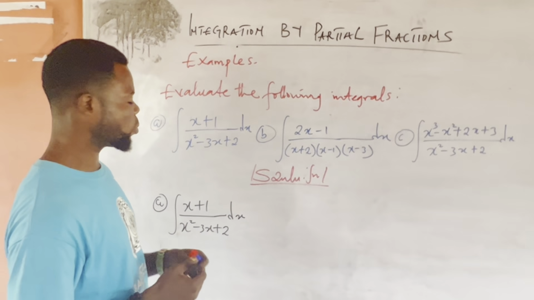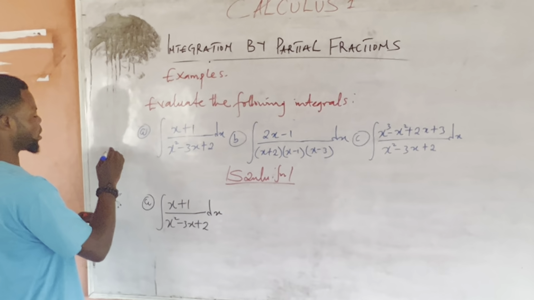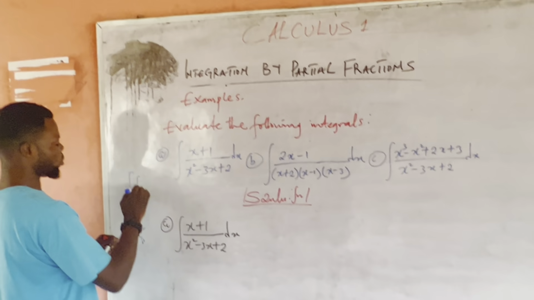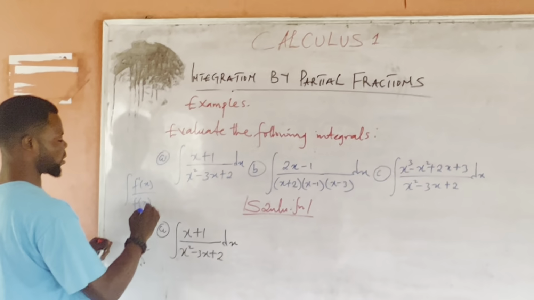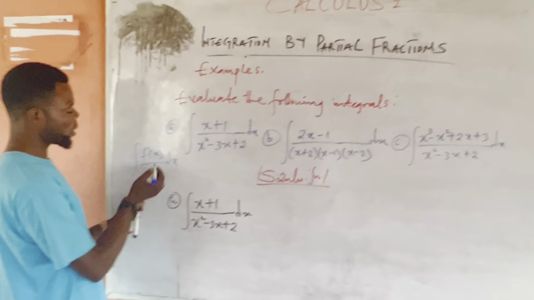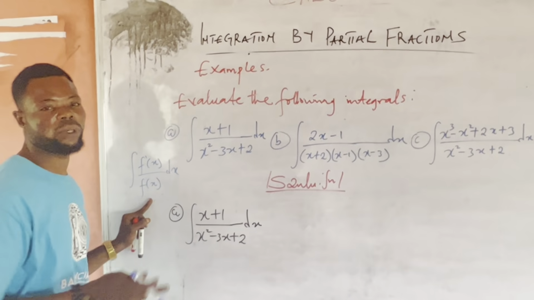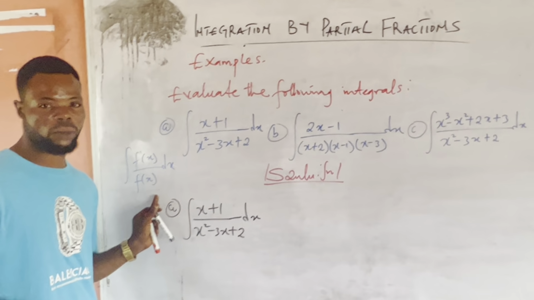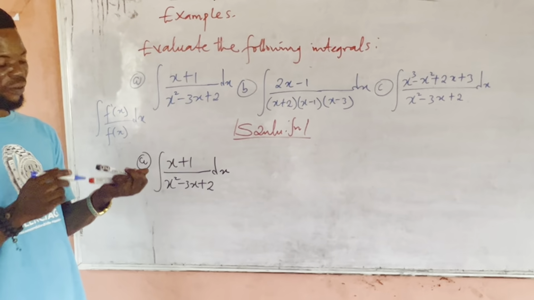Some might try to use that form of integration. You should still remember the integral form of f prime of x over f of x dx. That is, if we differentiate the denominator and it's equivalent to the numerator, then we take the log of the denominator. But if we differentiate this, there's no way we can get this function.